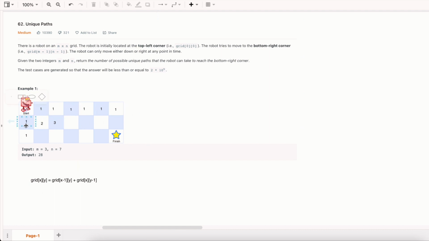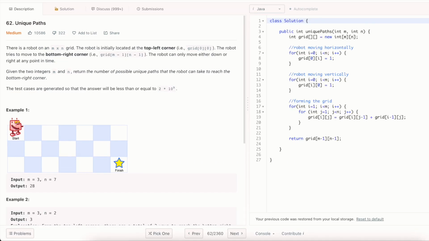The number of ways for the robot to reach any cell in the first column is also only one way. So I'm filling these cells with 1 values, horizontally and vertically. I'm just filling the base conditions here.